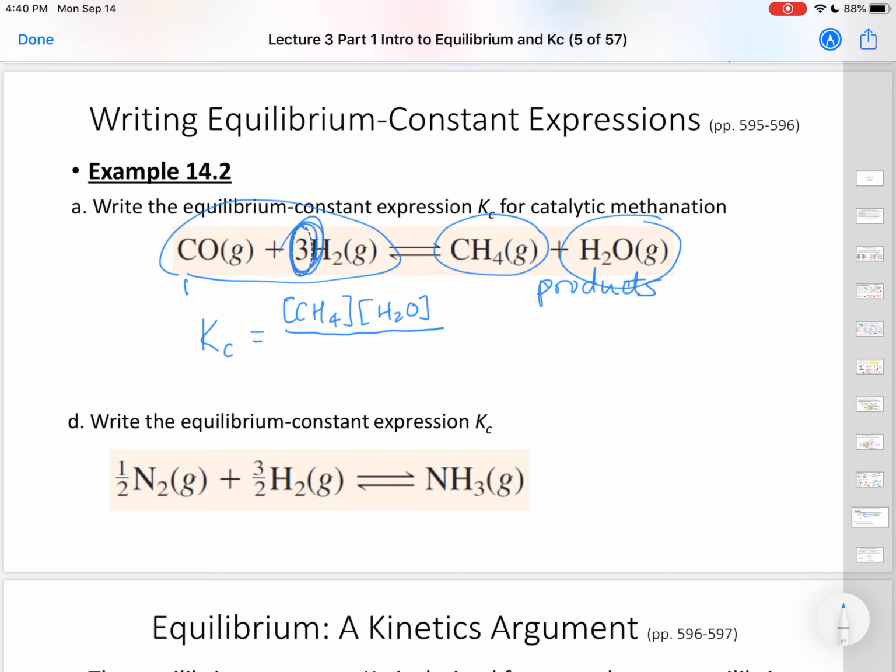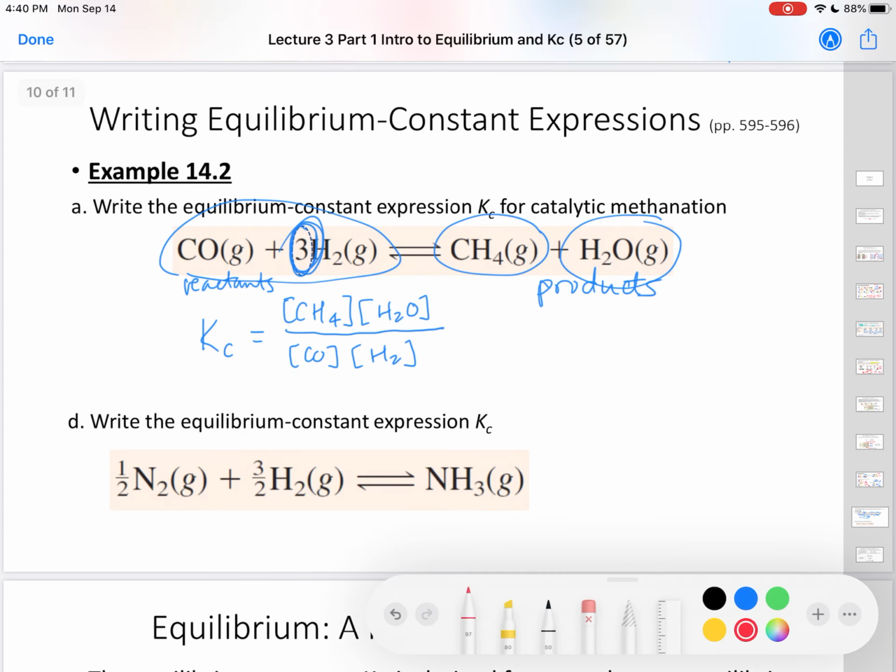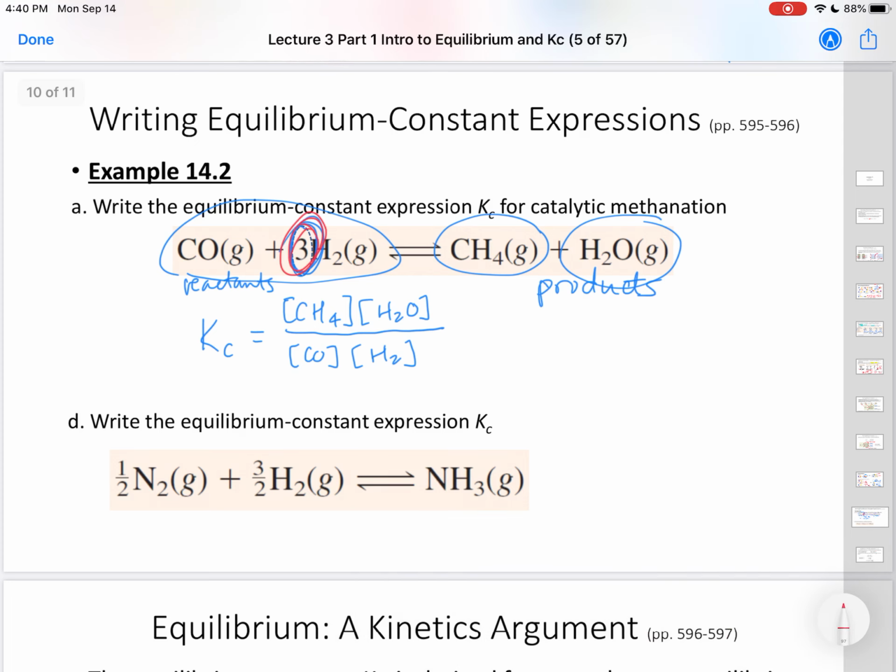And we're going to put it over the reactants. The reactants are these two. Okay. So we're going to say CO and concentration of H2. Okay. Very, very important to keep in mind, since we have a 3 in front of the H2, we're going to put a 3 as an exponent for the concentration of the H2.